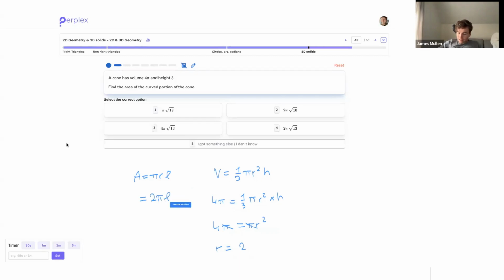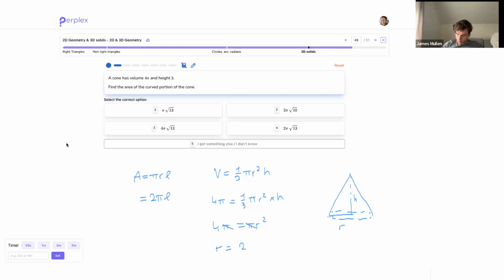Which means that the area is just 2 pi L. And now I'm going to have to draw a cone over here. Let's draw a little cone with a vertex like that. That was a bad cone. Better cone, a little bit taller. And let's draw the height in here. I know the radius is 2, and we also found that the height is 3.